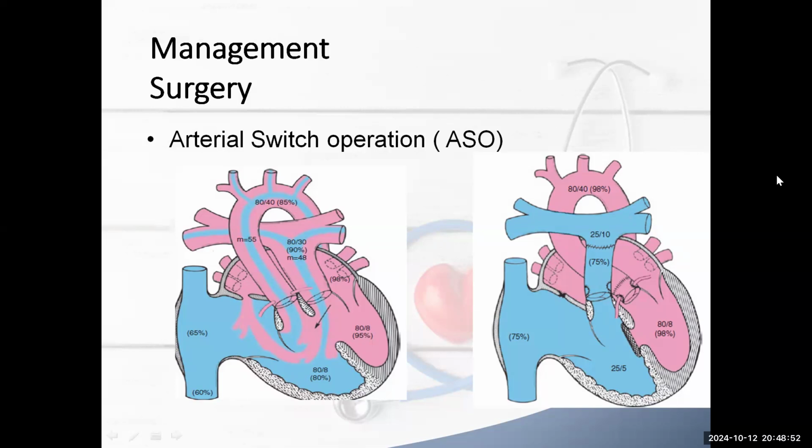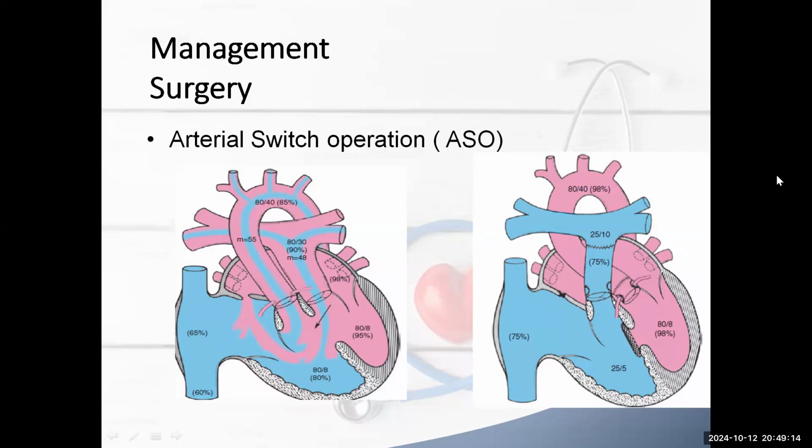The LV is a powerful muscle that can resist systemic vascular resistance, and the RV is a less powerful ventricle which can resist pulmonary vascular resistance.